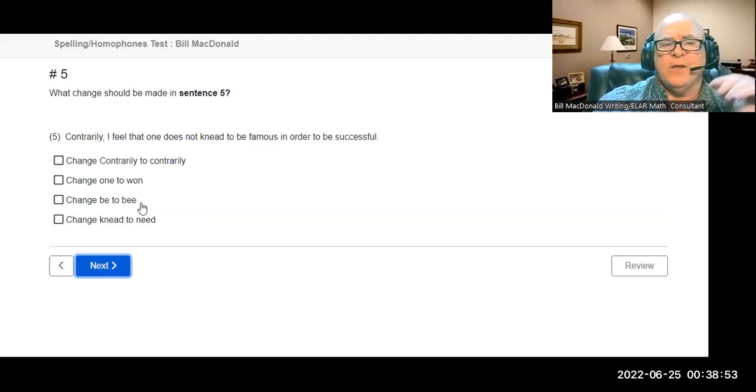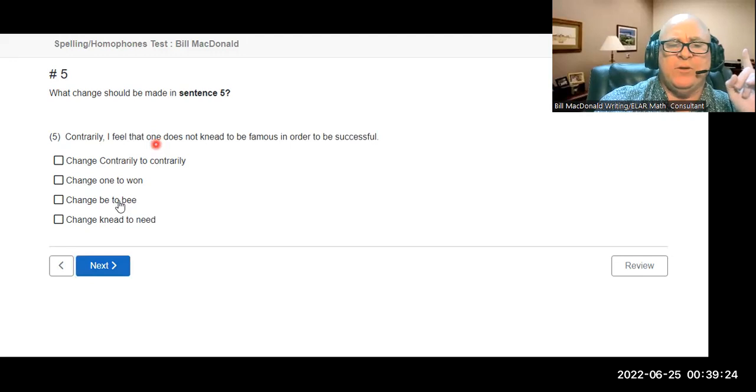Number 5, contrarily, comma, I feel that one does not need to be famous in order to be successful, period. Change capital contrarily to contrarily. I can't do that because the first word must start with a capital. Change 1, the number, to one that you played a game in past tense and you were the winner.